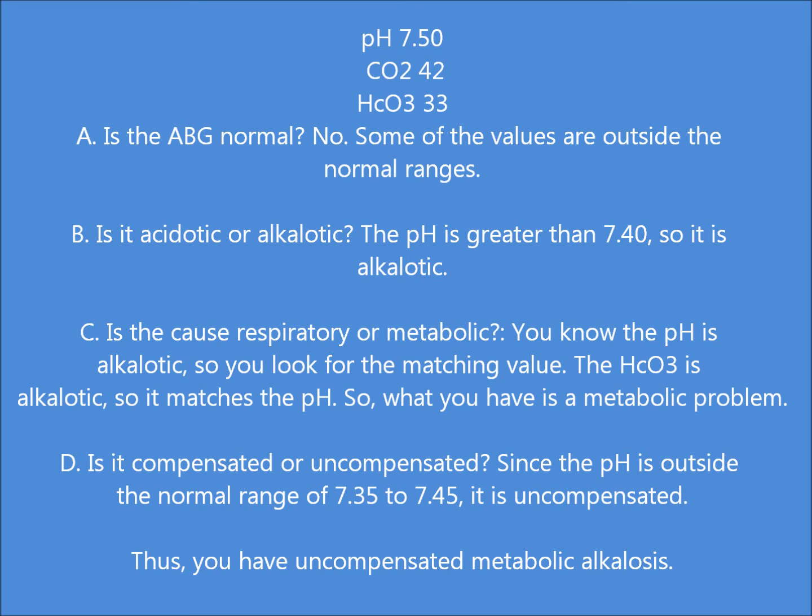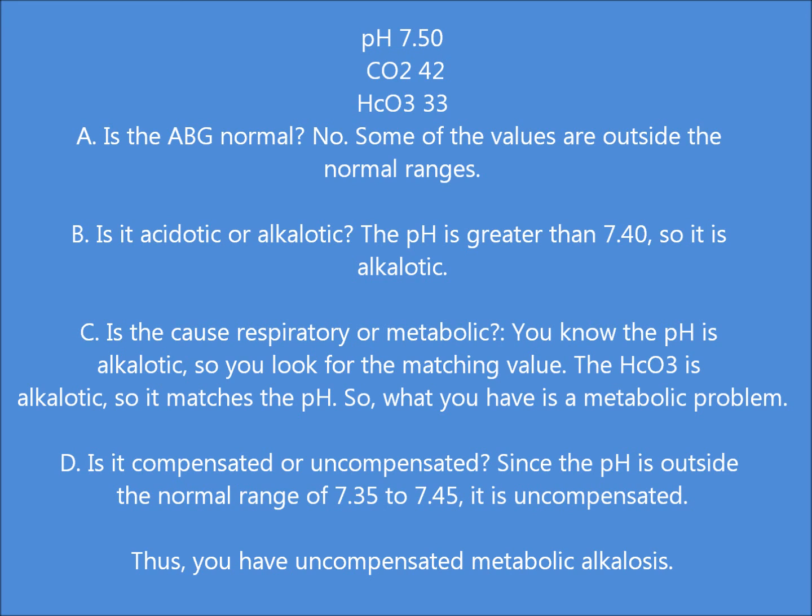The pH is greater than 7.40, so it is alkalotic. Is the cause respiratory or metabolic? You know the pH is alkalotic, so you look for the matching value. The HCO3 is alkalotic, so it matches the pH. So what we have here is a metabolic problem.